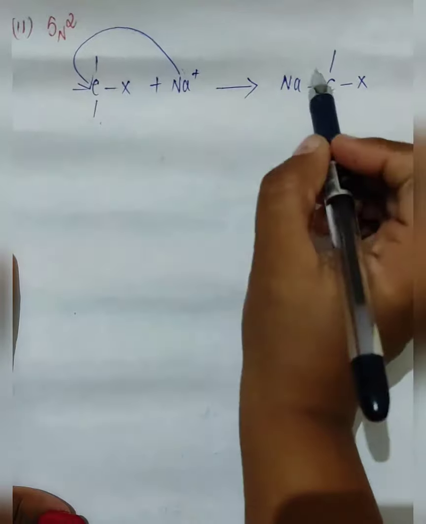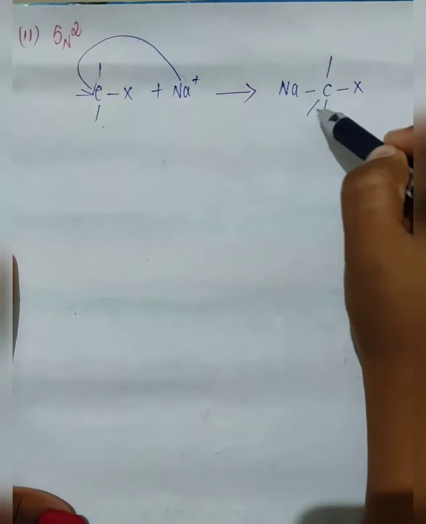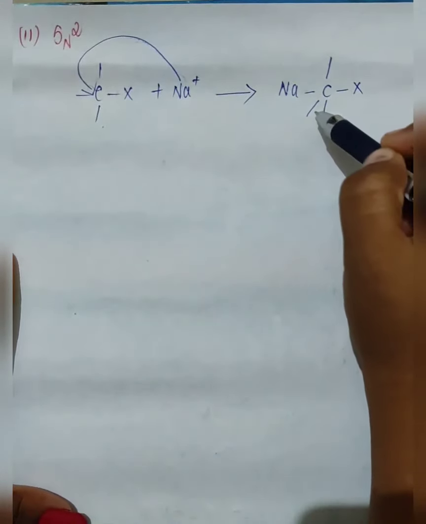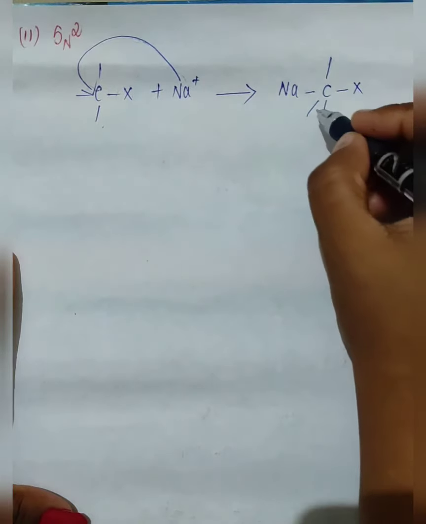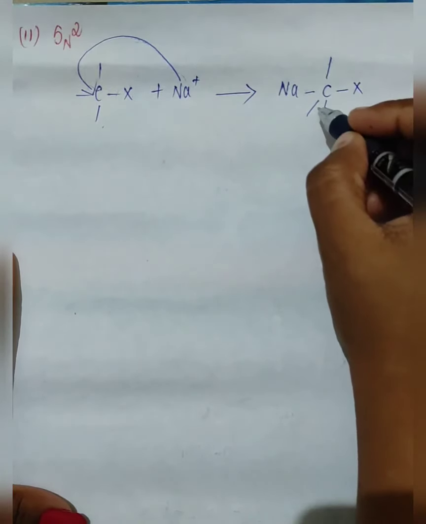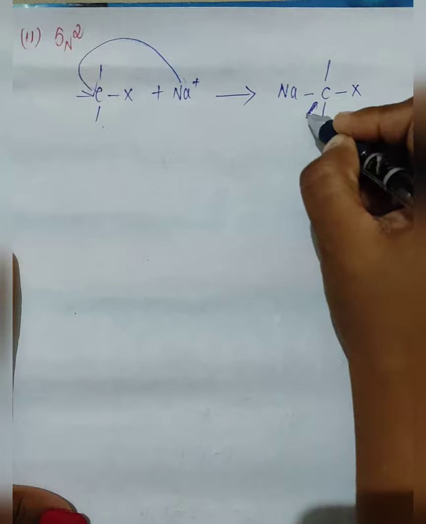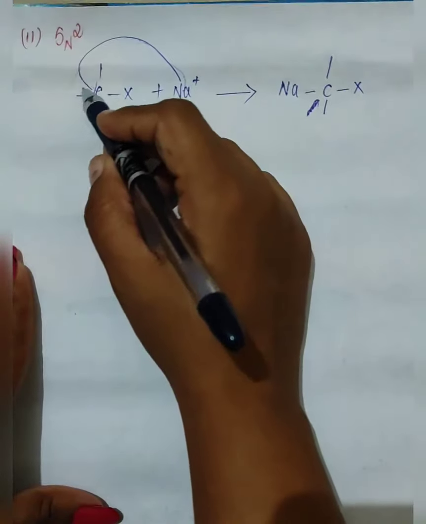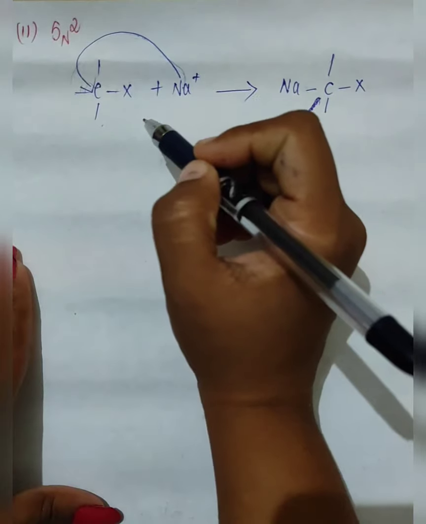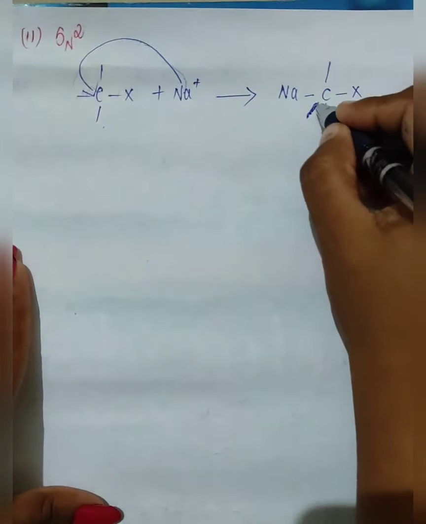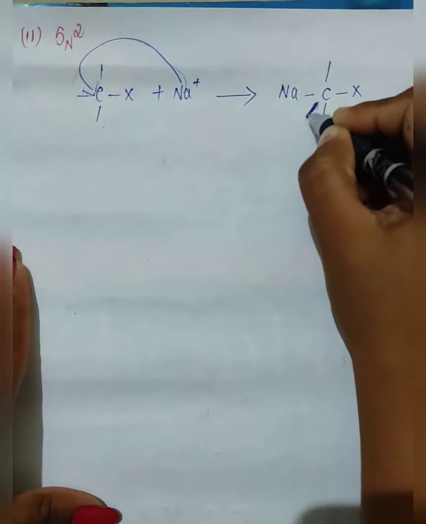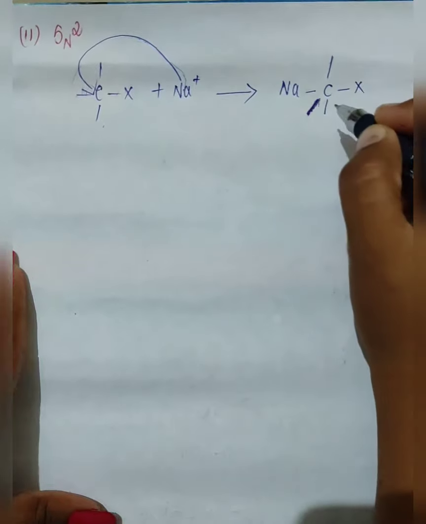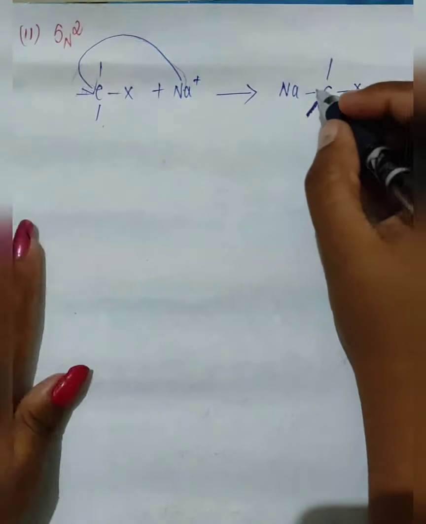Now this bond 1, 2, 3, 1, 2, 3. Okay, we have to maintain the tetravalency. Now Na will come and attack here. Okay, firstly let us not see about the tetravalency. Let us keep it as it is.